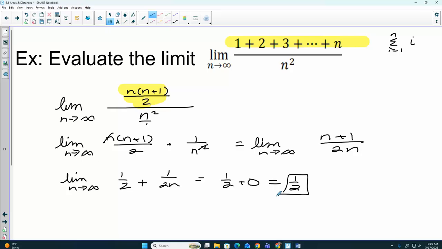Right, so I think on your handout from Friday, that was the type of question for the last one. You had to use your summation formulas to figure out how to add up the top, and then you could simplify and do the limit. All right, any questions on that?